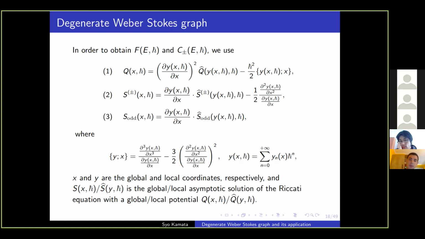I'm not convinced yet. So you want S and S hat to be some proper analytic functions, right? Yes. Then Y as a function of X has to be an analytic function as well.